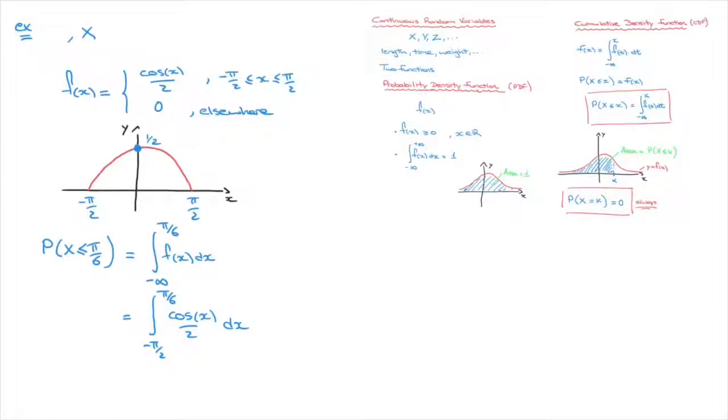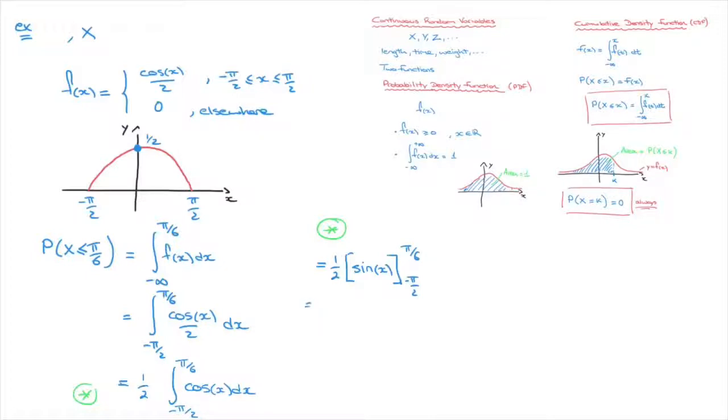Now we can write this integral as 1/2 times the definite integral from negative pi over 2 up to pi over 6 of cosine of x. And I'll just carry on with the working on the right-hand side here. That's equal to 1/2 times, in square brackets, the antiderivative of cosine of x, which is sine of x, with lower limit negative pi over 2 and upper limit pi over 6.